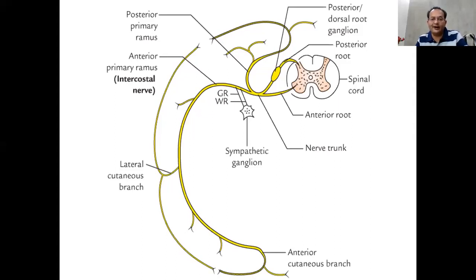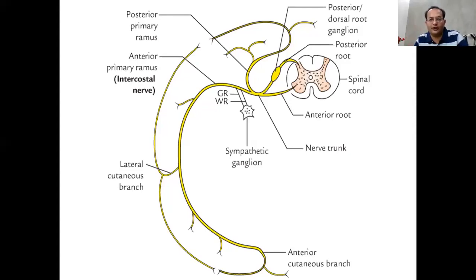Remember, internal thoracic artery is a branch of subclavian artery, and anterior intercostal artery is a branch of internal thoracic artery. Similarly, posterior intercostal arteries are branches of the descending thoracic aorta.